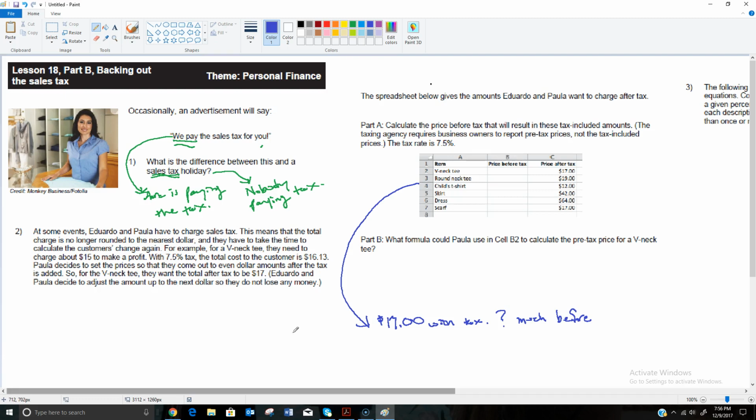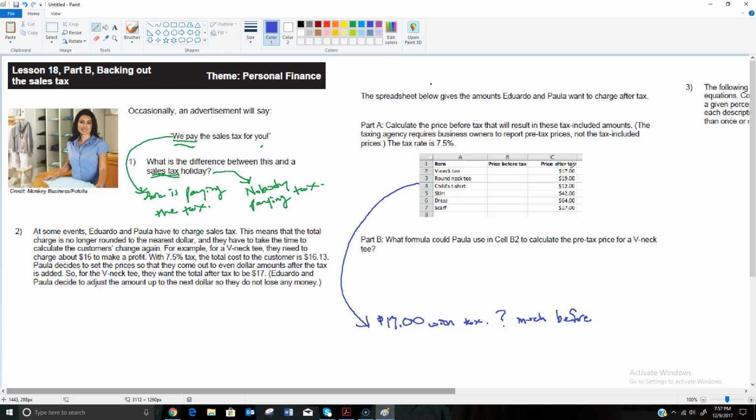The mistake that I see people make is they think, oh, well, if I had an amount and I added on 7.5% and I got $17, I should just be able to take off 7.5% of 17 and get back. But you notice the price before tax is less. So if I take the amount before tax and I take 7.5%, I'm going to add on a certain amount.